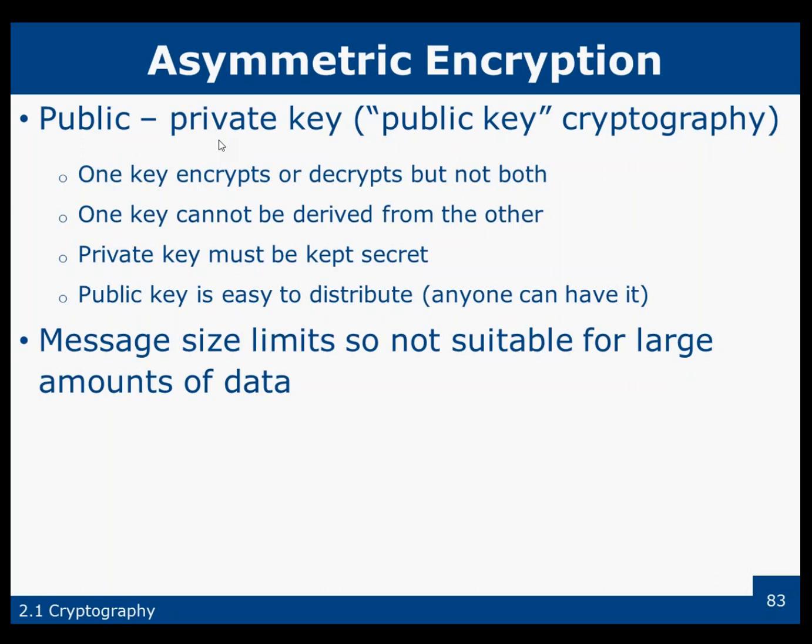One key encrypts or decrypts, but it can't do both, and one key cannot be derived from the other. They're derived together. The private key has to be kept secret, and the public key is easy to distribute because anybody can have it.